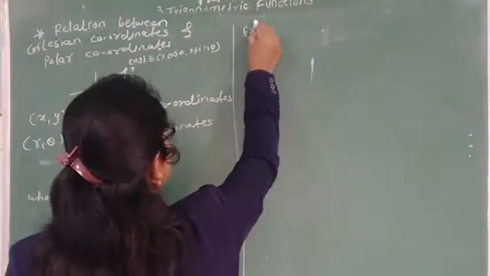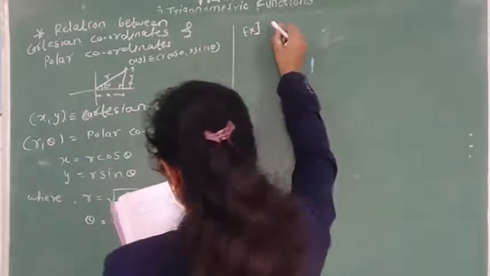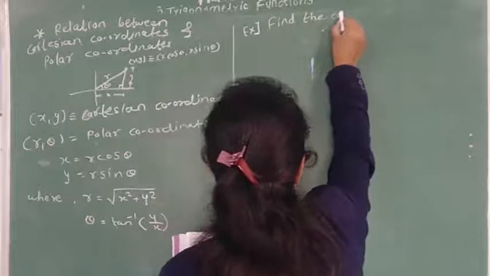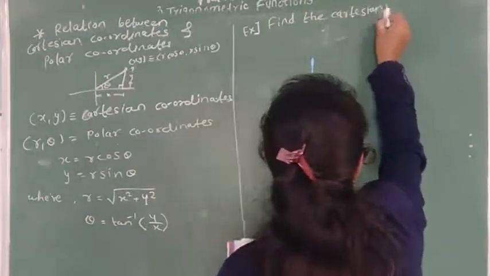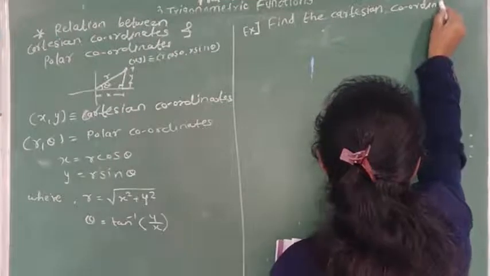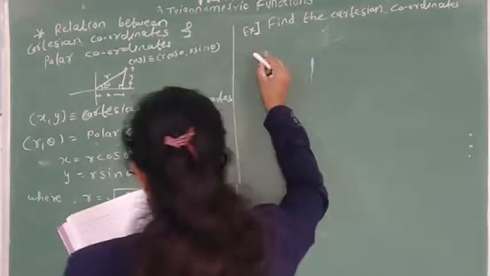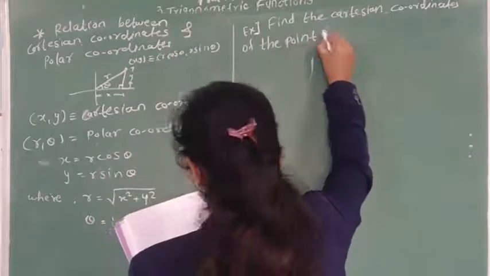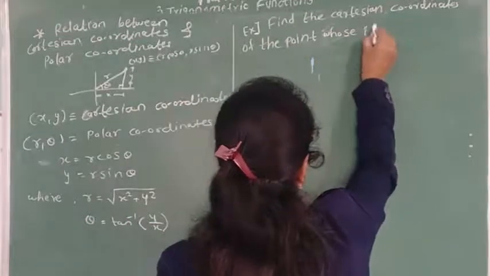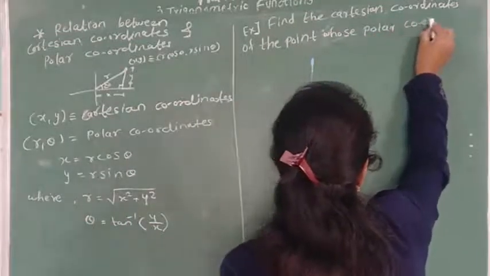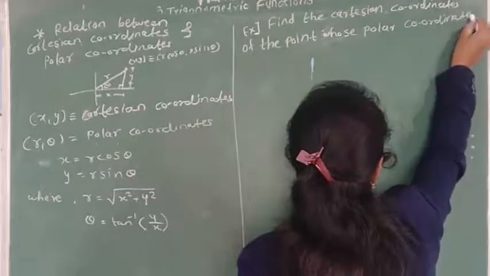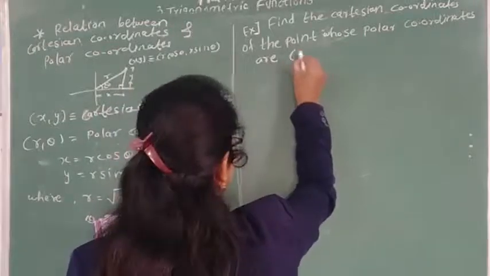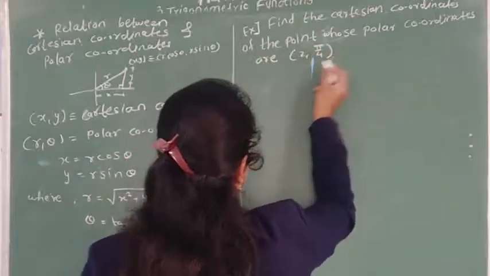Now we will take an example from the textbook. Find the Cartesian coordinates of the point whose polar coordinates are 2 and pi by 4.